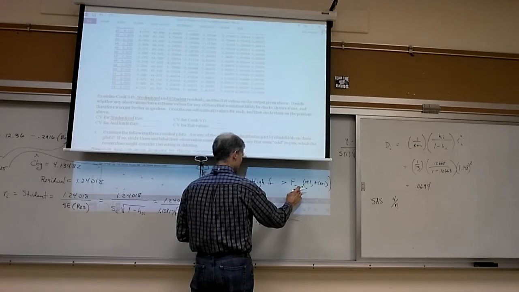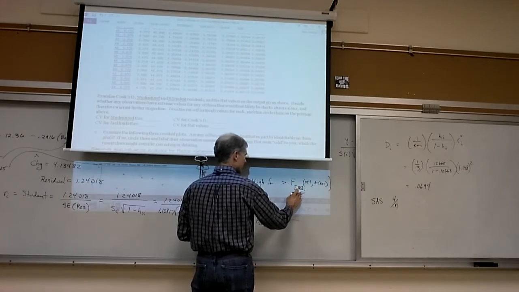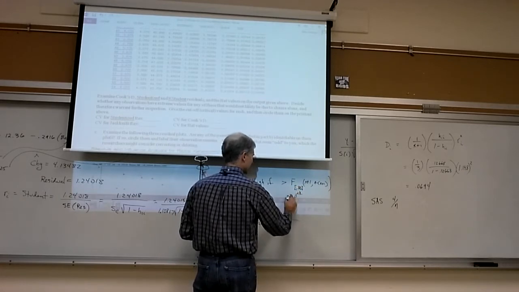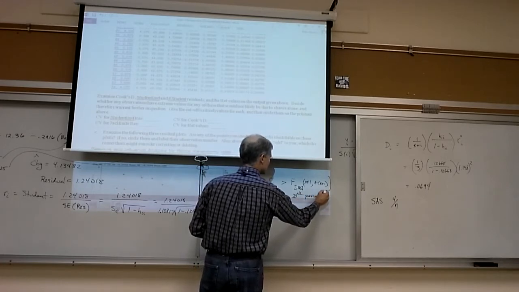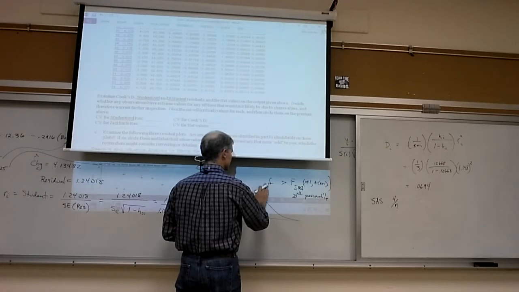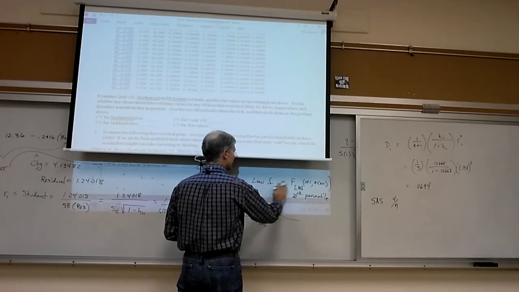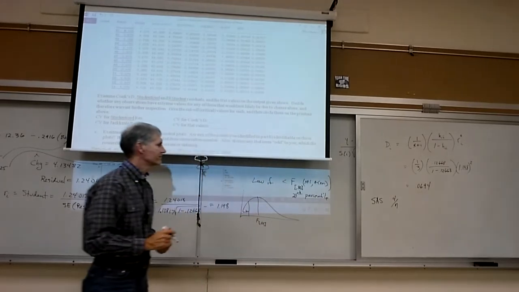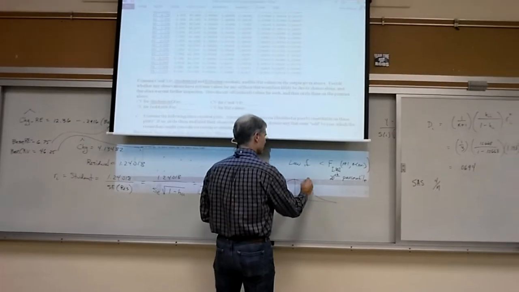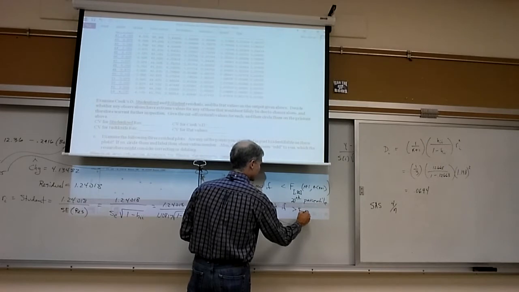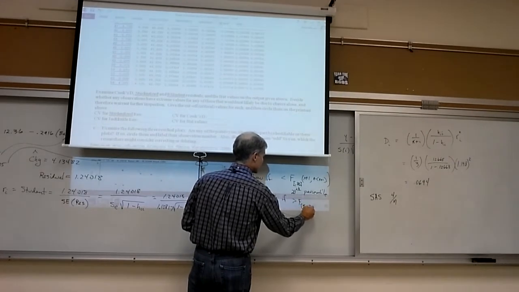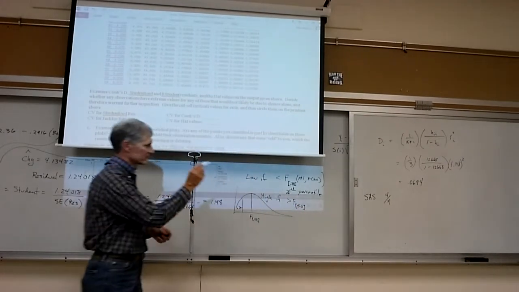So this is the F bracket 80, and I had that wrong, it's the 20th percentile. So you're low if less than that. High if greater than F bracket 50 with the same degrees of freedom.